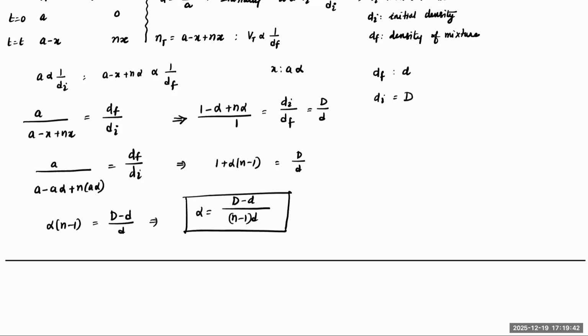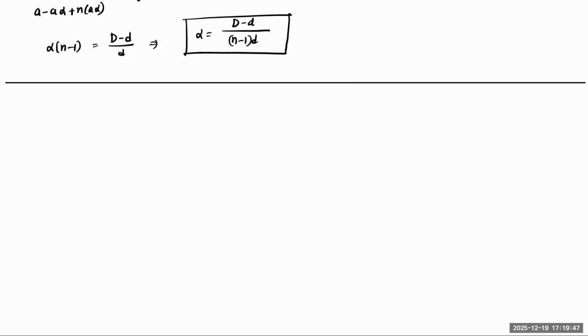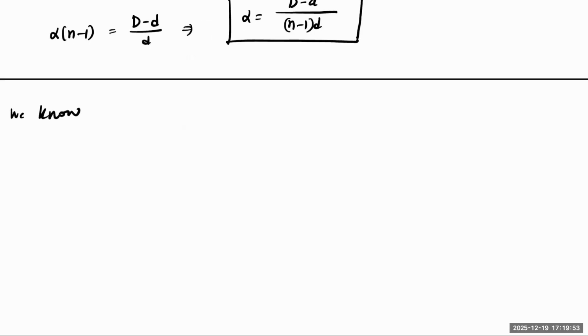Now see how this formula can be further changed into multiple things. See, we know that using the ideal gas equation, which is PM is equal to dRT, I can say that density of any gas is directly proportional to molar mass of the gas, correct?